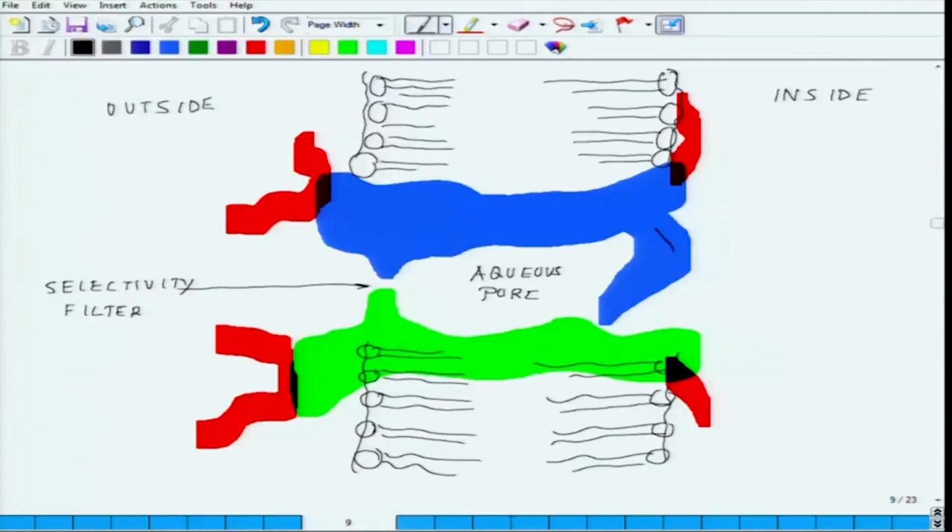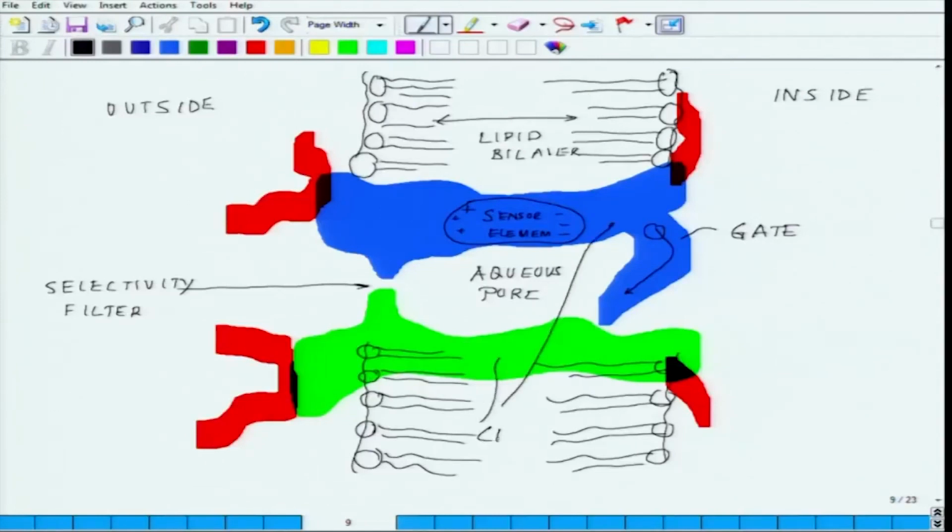And this is essentially the gate out here when we talk about voltage gating and all these things, and you have a sensor element which is sitting there. This is the sensor element. And this is the lipid bilayer, and these are the channel proteins.